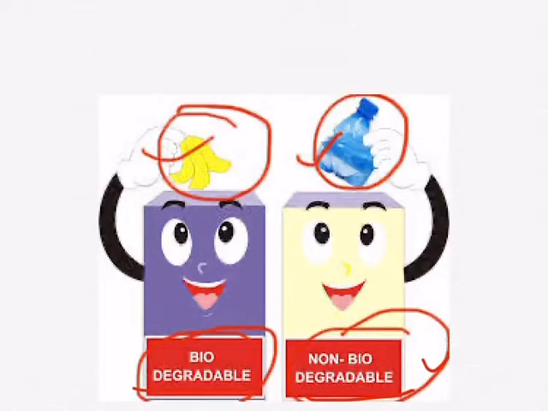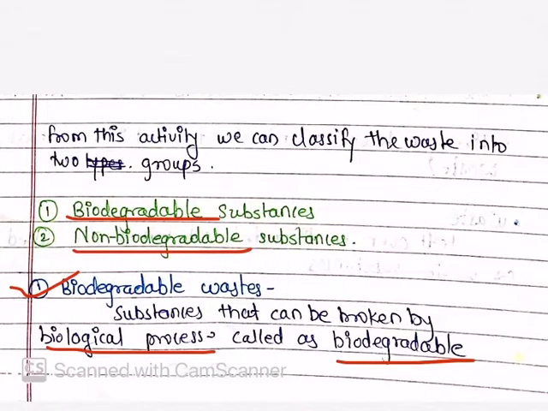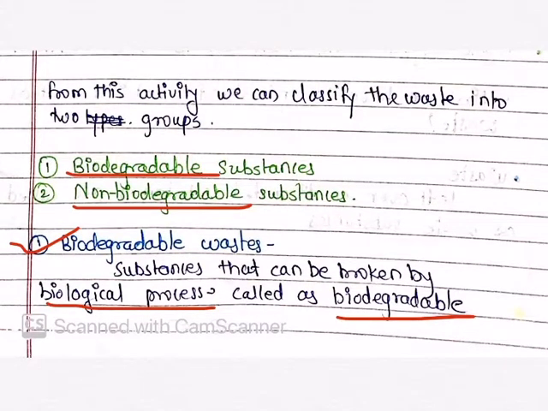In detail, biodegradable waste means those substances which can be broken down by biological processes, called biodegradable substances or waste.